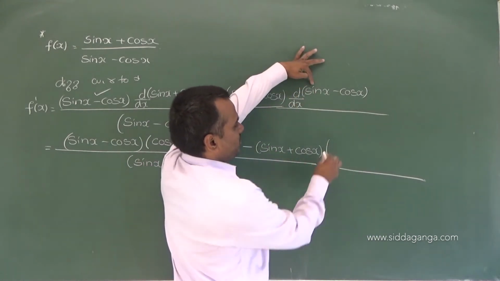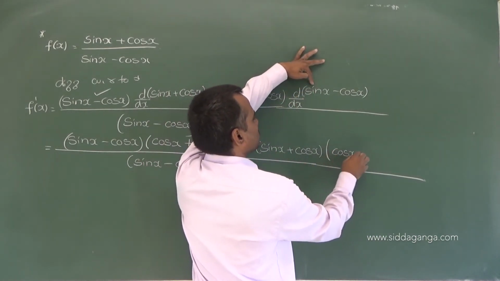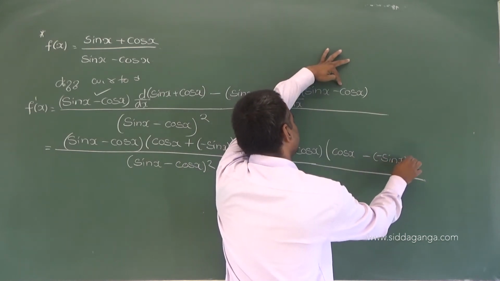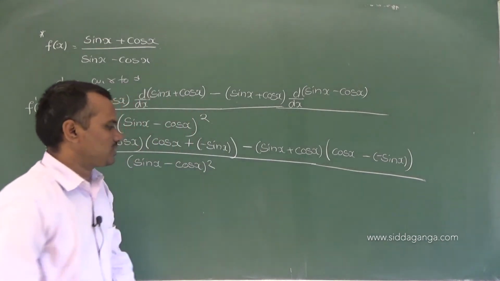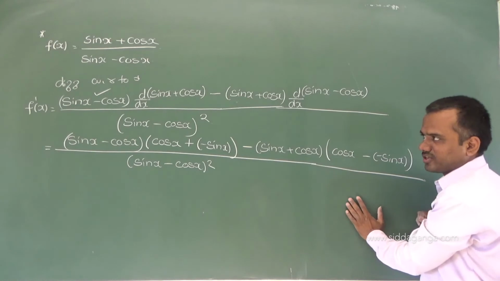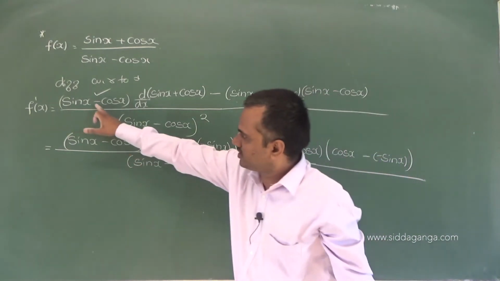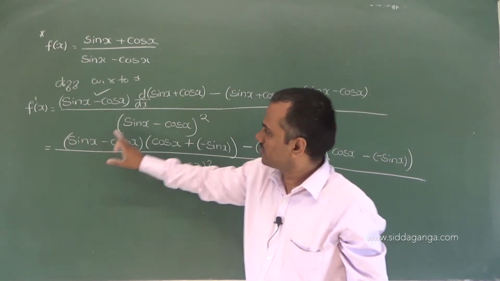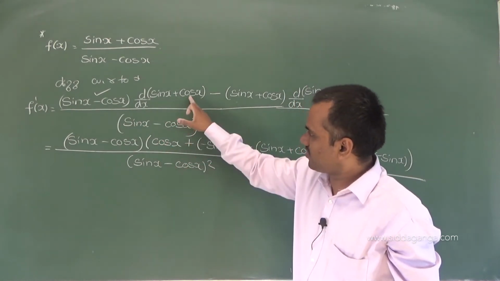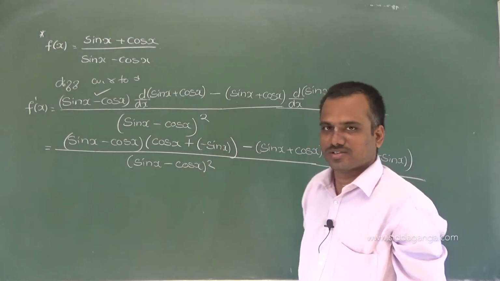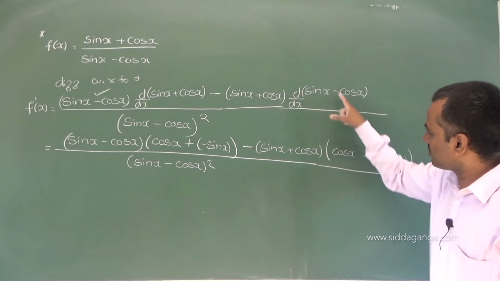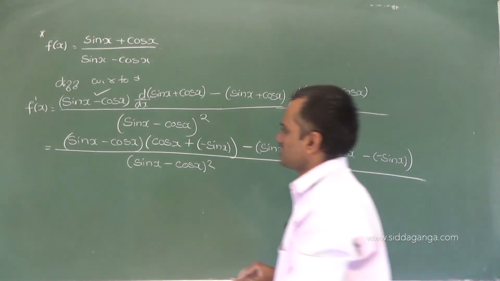Derivative of sin x is cos x minus derivative of cos x is minus sin x. Observe the steps carefully. Once again I explain. This term, write as it is. Derivative of sin x is cos x plus derivative of cos x is minus sin x. This term as it is. Derivative of sin x is cos x minus derivative of cos x is minus sin x.